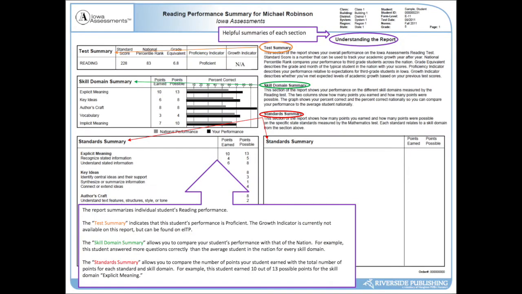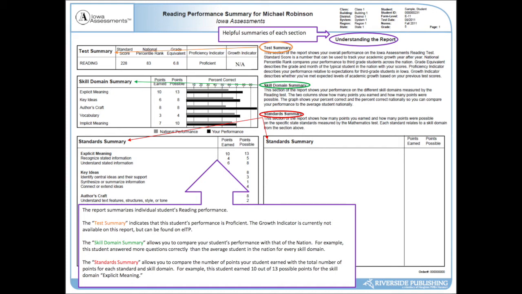The next two pieces of paper in your packet include a reading performance summary and a mathematics performance summary. These performance summaries give you a breakdown of your students' understanding on specific reading and mathematics standards. When looking at the reading performance summary for Michael Robinson, our next fictional student, we can see his test summary.